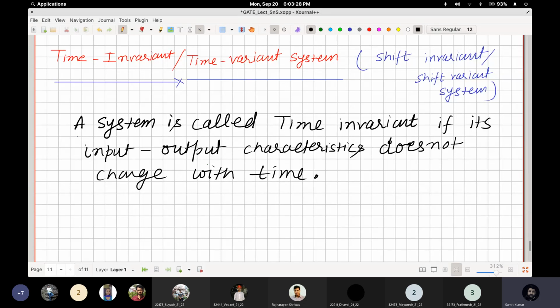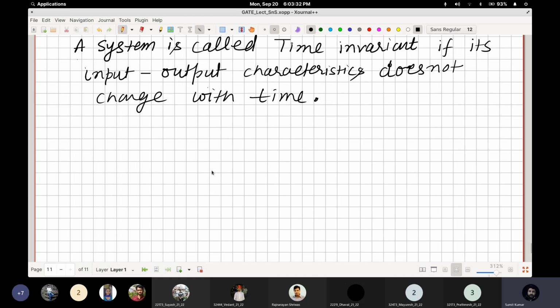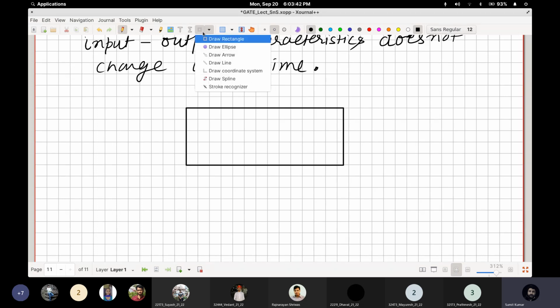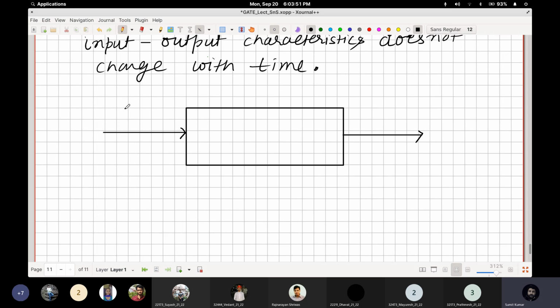Okay, and what is the meaning of this, if I translate this loosely? Let me try to do this here. So let's say this is our system, and it has some input, and because of that input we are getting some output. So this is input and this is output.